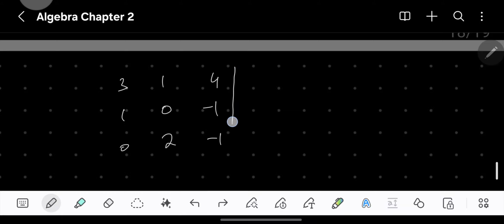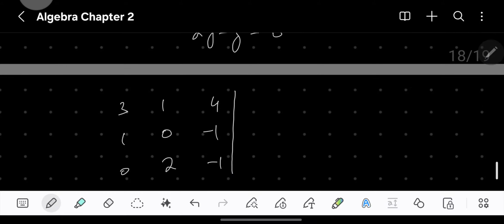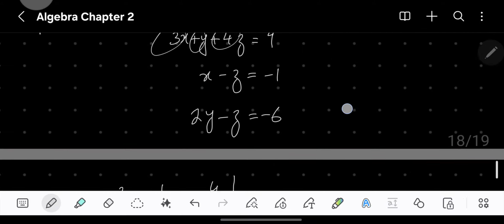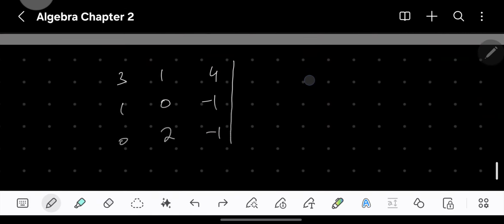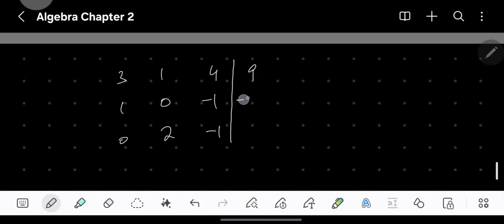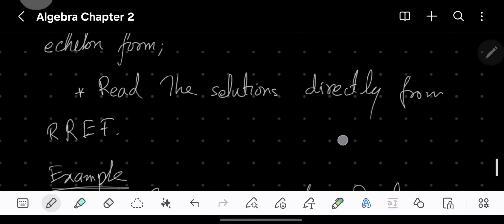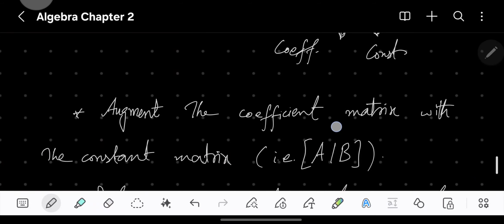This is the coefficient matrix, but we have to augment it with the constant matrix, which is 9, -1, -6. So I will write 9, -1, -6 here. This is the matrix which we will consider, and then we will proceed with our steps.